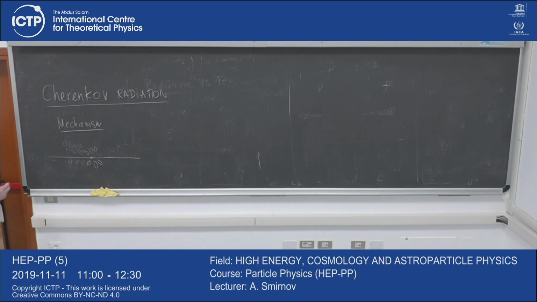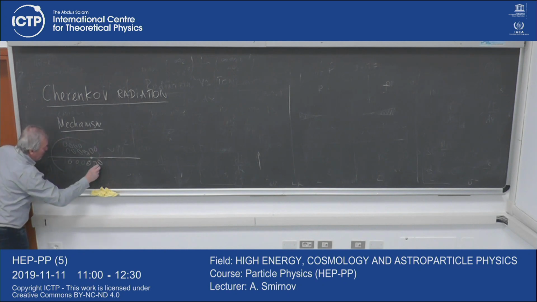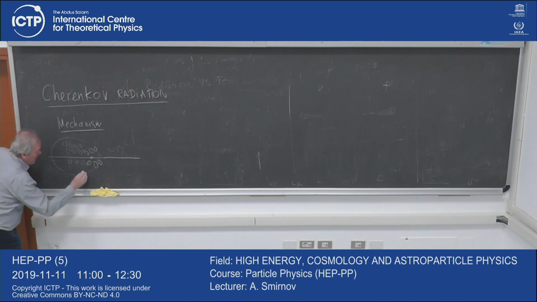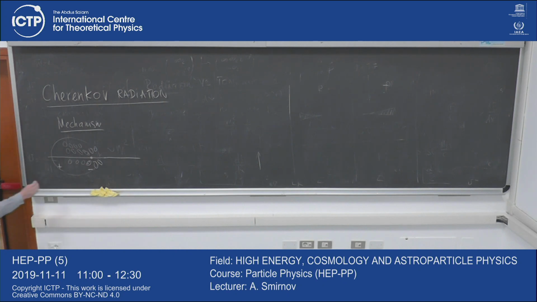One can treat the whole system of polarized molecules as a big dipole. So here the particle is negative, and here is plus and this is minus, so you have a kind of dipole. The particle is moving, creates this dipole, and then the excitation produces the light.